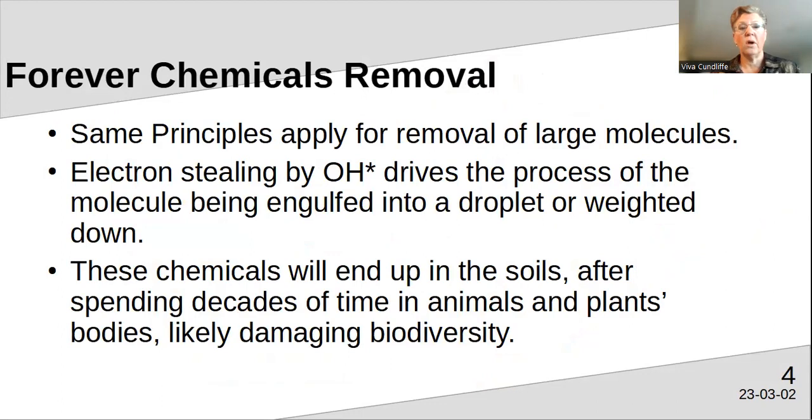So you have electron stealing by hydroxyl, which drives the process of the molecule being engulfed into a droplet or weighted down. Same principle. These chemicals will end up in the soils after spending decades of time in animals and plants. They likely are affecting our biodiversity. It looks like this is a very powerful cancer vector.